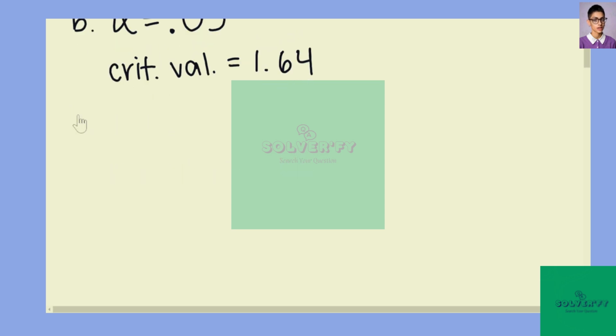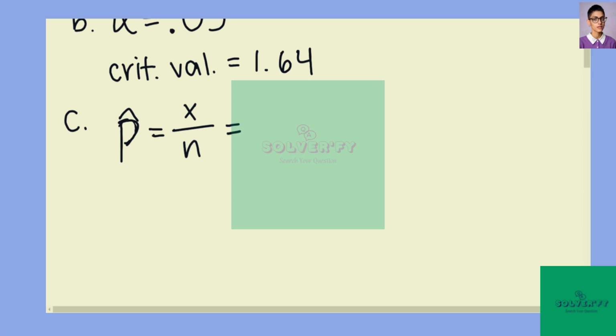So for the next thing, we need to find our test value, or z. But to do that, we need to find p hat first, or sample proportion. To find our sample proportion, we take x over the sample size.